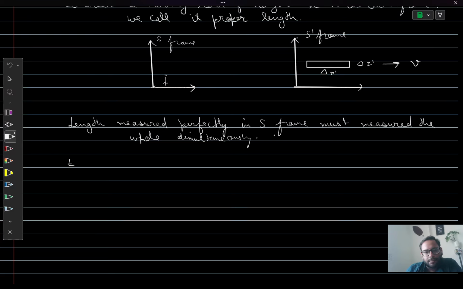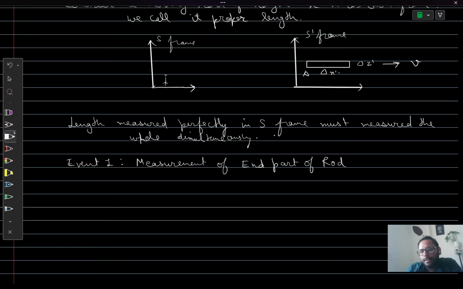Consider first event 1, the measurement of, suppose this is the end part of the rod.